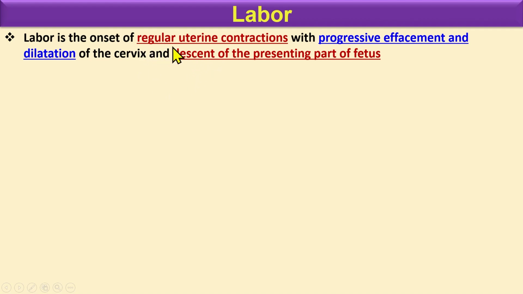If you miss any component, it's an incomplete definition of labor. So you have to mention the regular uterine contractions, with progressive effacement and dilation of the cervix, meaning cervical changes should occur, and there should be a descent of the presenting part of the fetus. This is a complete definition of normal labor.